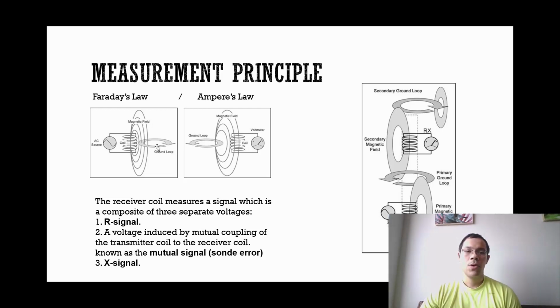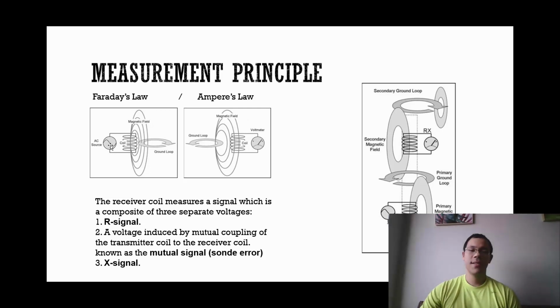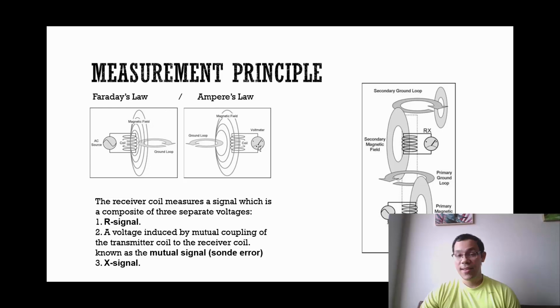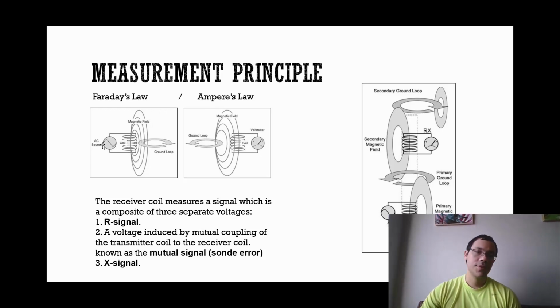What happens then? At the receiver, this current is going to induce a voltage on the receiver coil. So basically you are sending AC current to your transmitter and you are reading a voltage in your receiver. This is the transmitter and this is the receiver.